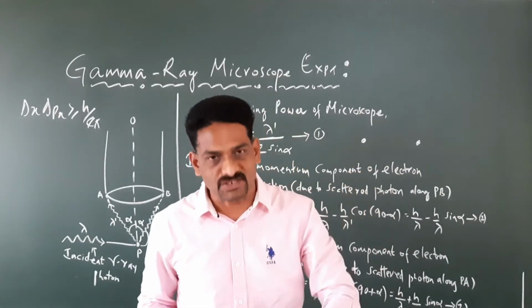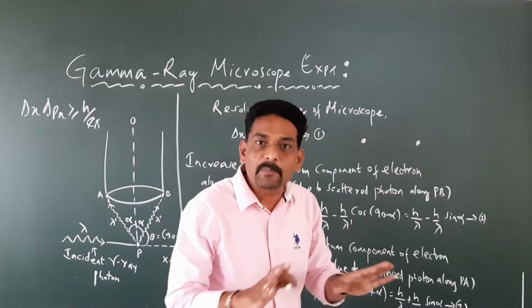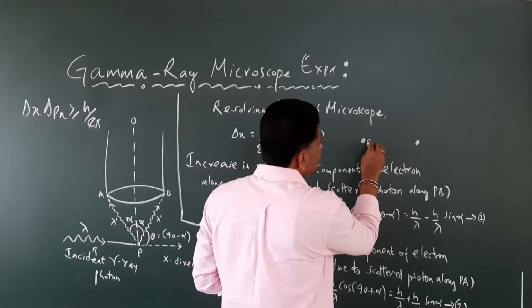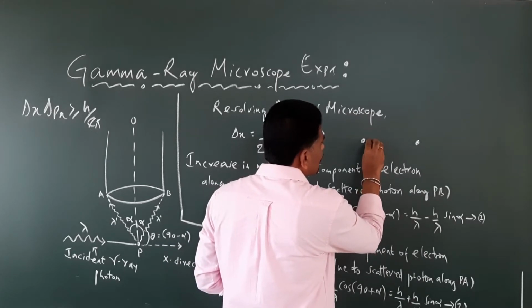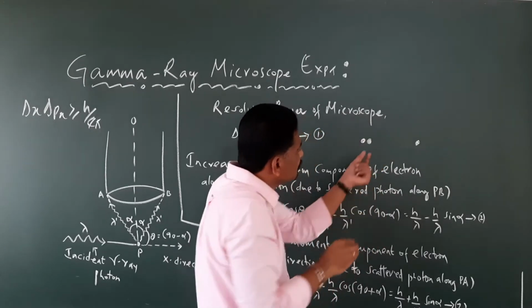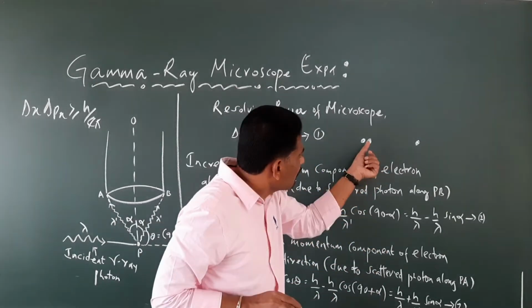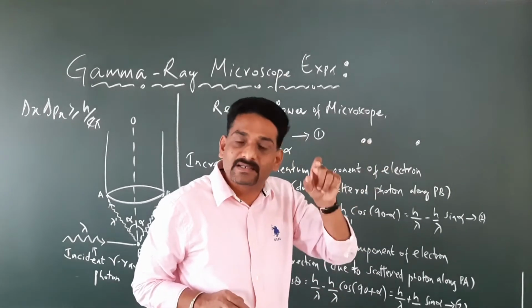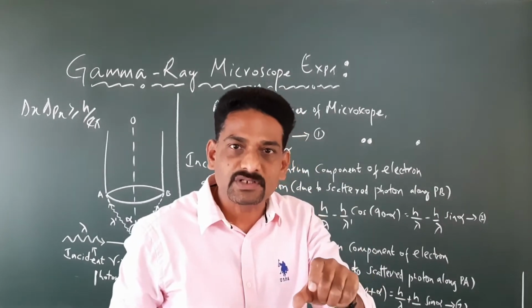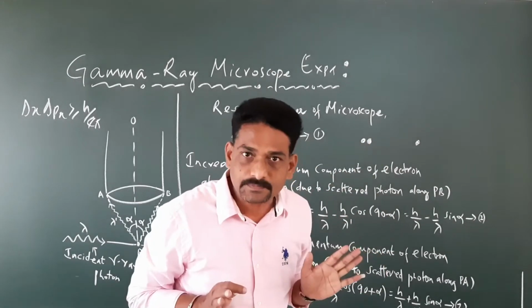Up to a particular distance, I can see these two objects as separate. If I bring the points very close, till this distance between the two, I can still see them as separate. Even if I decrease it a little bit, I can still see them as separate. But after that particular distance, I will not be able to see these two objects as separate.